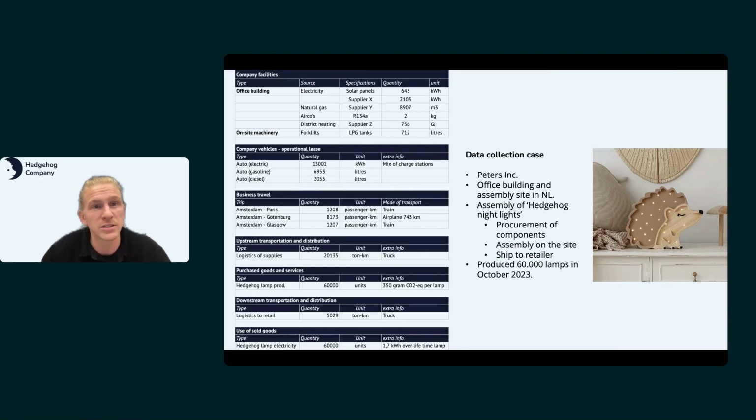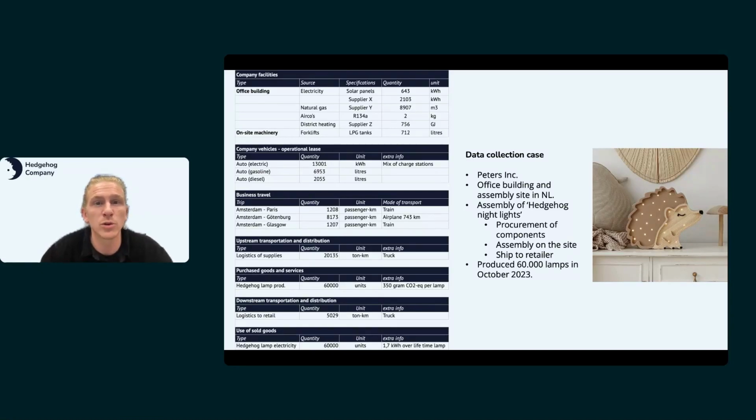your data collection period. So when we're going quickly from top to bottom, first we have the office building and the assembly site, of course. There is an electricity consumption there, which is split into two because we have some solar panels on our roof. And of course, solar panels are producing renewable or green electricity.